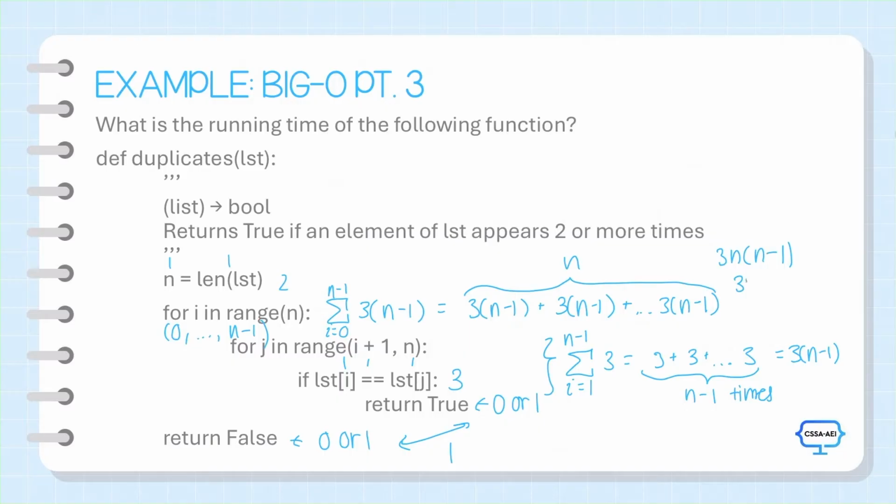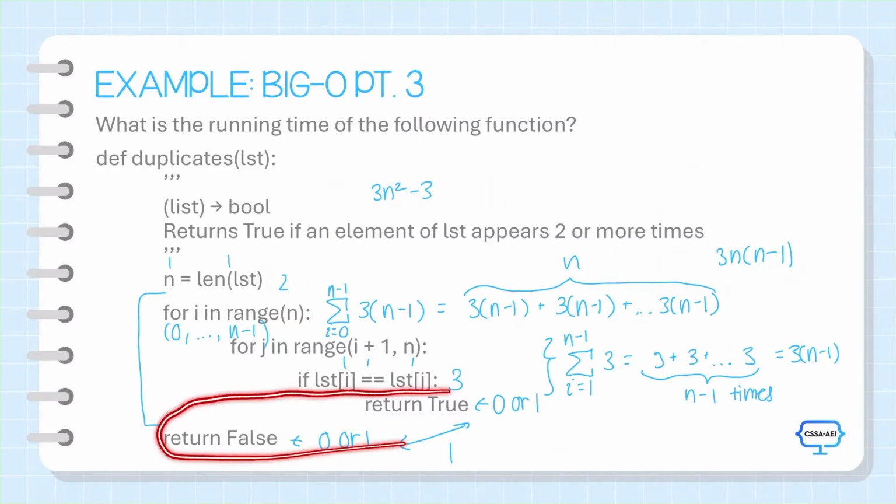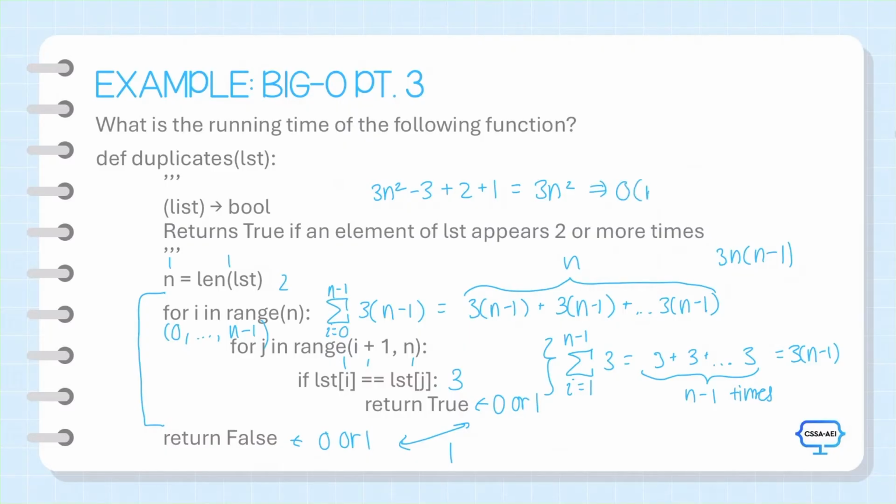In other words, we're going to get 3n squared minus 3n operations from these loops here. Okay. Just move that over. Let's add our two operations from this line and our one return true or false operation. And that's just going to simplify to O of n squared. Sounds good.